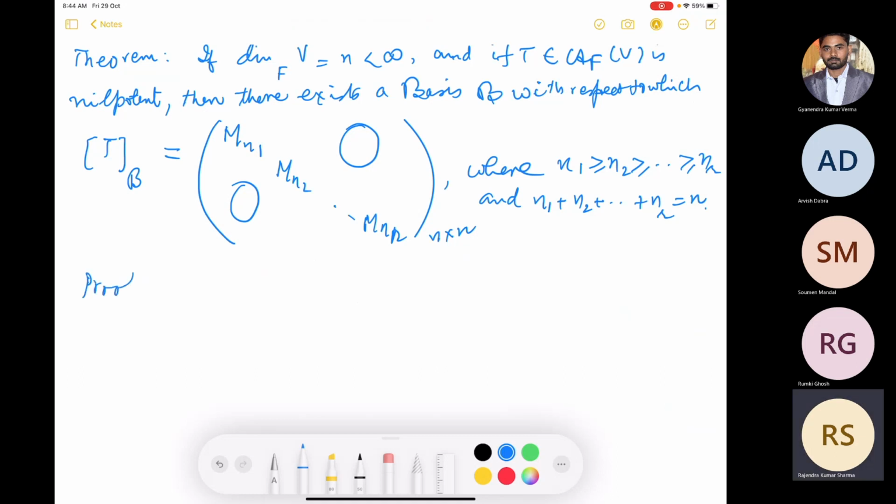All right, for the proof, T is nilpotent, and let me have n1 as the nilpotency index. Since T is nilpotent of nilpotency index n1, T^n1 is 0 and T^(n1 minus 1) is not 0.